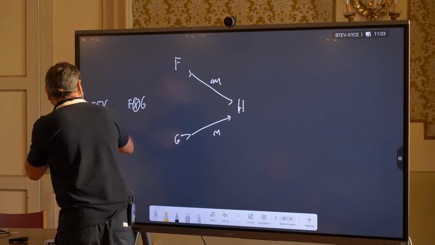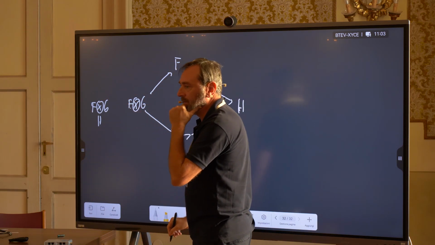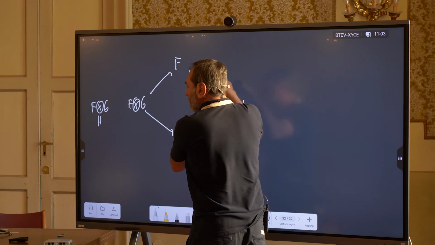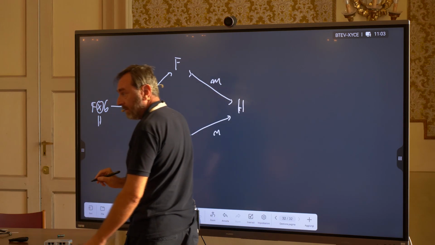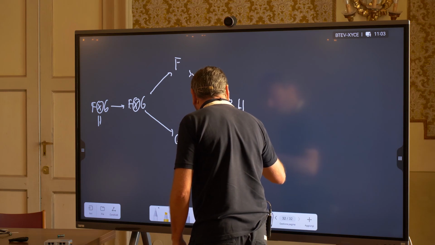We have projections because the category is semi-Cartesian, and these parallel arrows in general are not the same, but we can consider the equalizer of this. So we have an induced arrow.